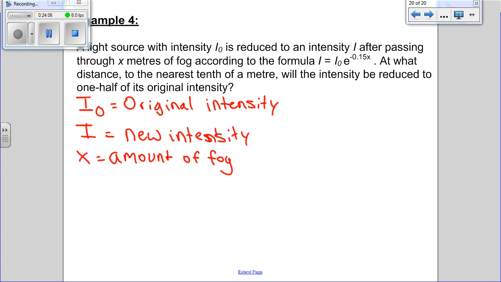All right, the question is, at what distance, so you're looking for x, will the intensity be reduced to 1/2 of its original intensity? They're asking, when will I equal 1/2 of the original intensity?